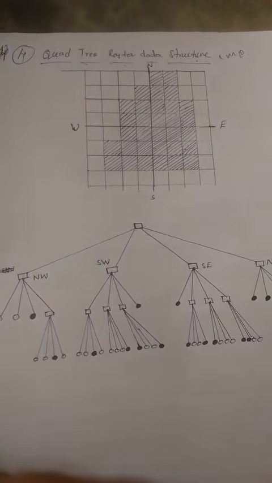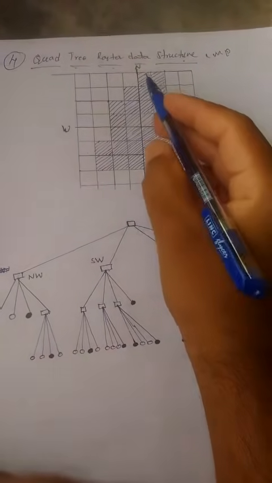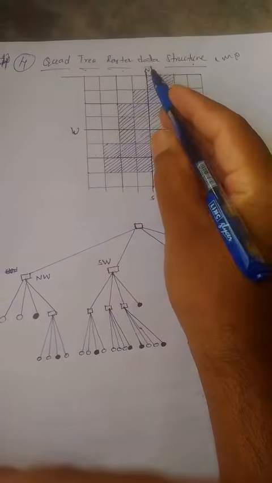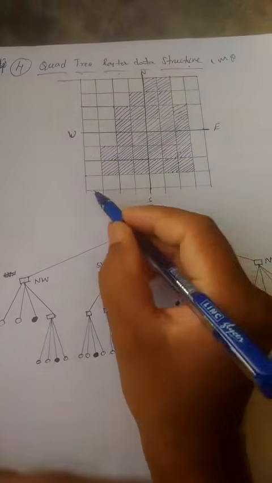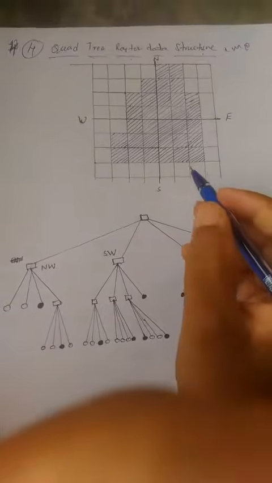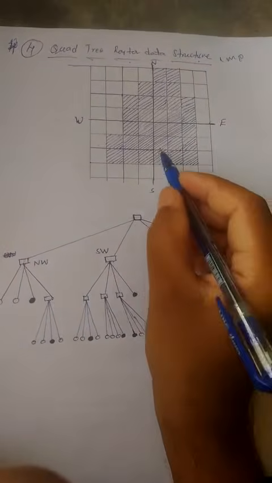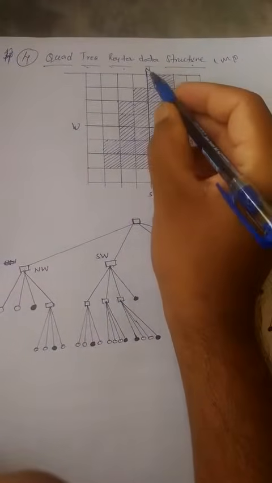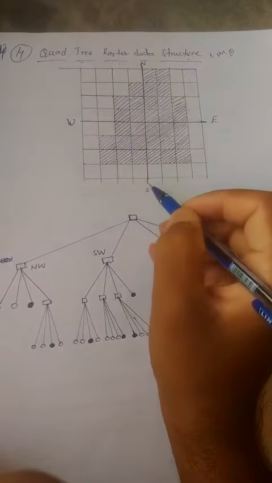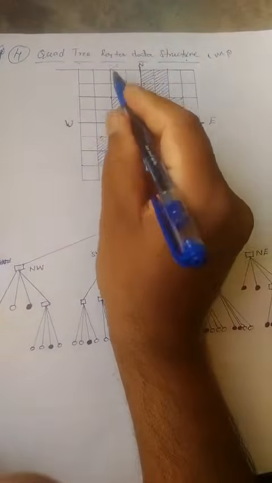In this, it will be represented in terms of north, west. See, I'm dividing this total 8 by 8 grid in terms of north, east, south, west. Again I am dividing it into different cells.